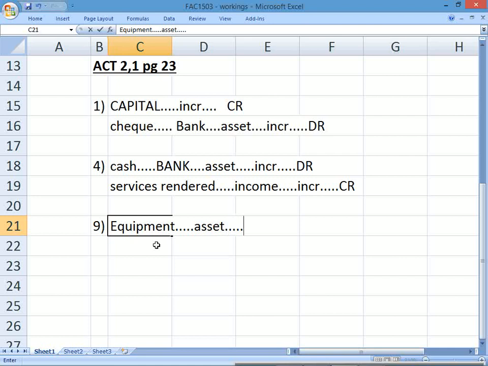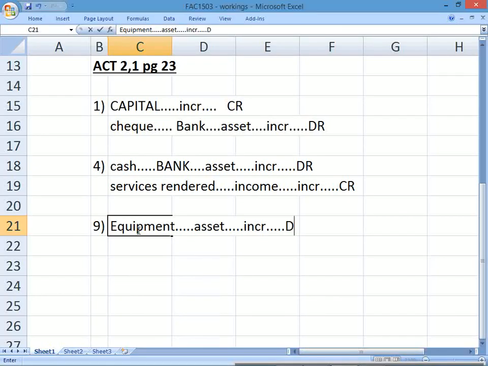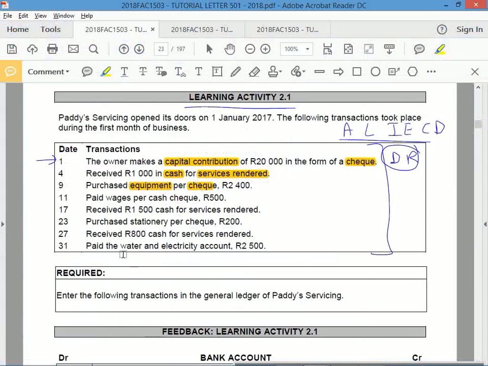What is happening to the equipment if I'm buying it? It's going up. Look at your rule. Where do assets increase? On the debit side. Now I've got it. There's the thought process. That's what you need to get. Right, next half. Per check. So I purchased per check.